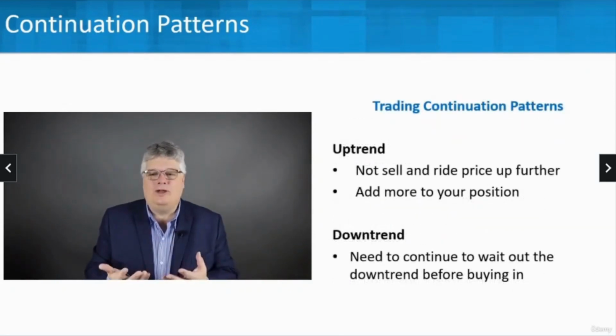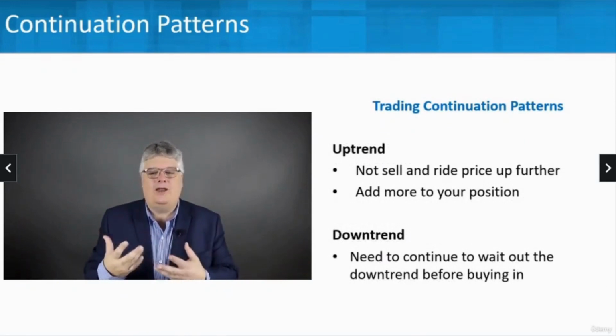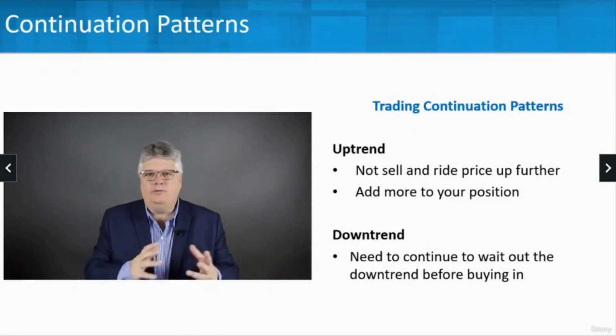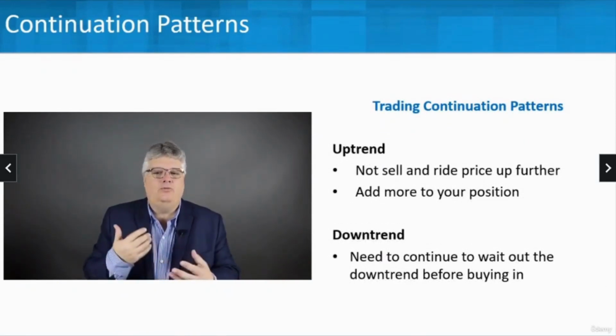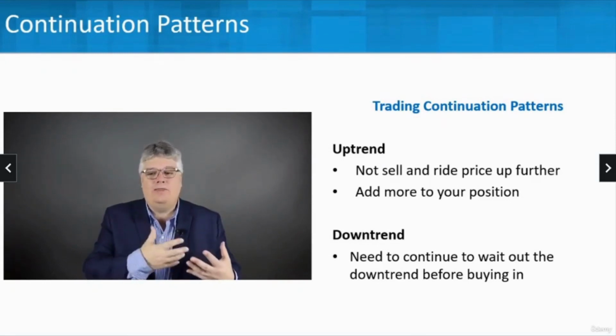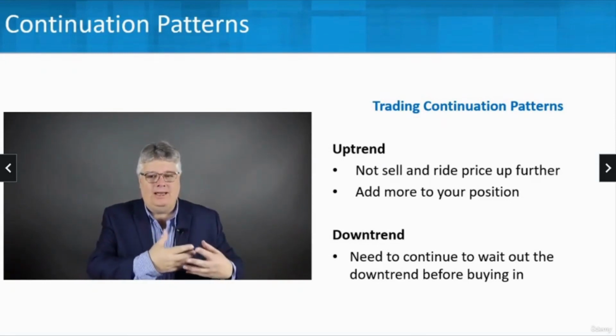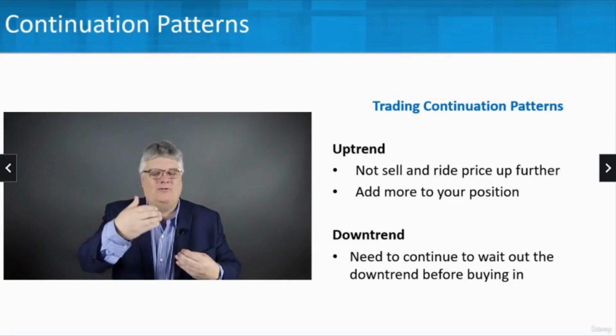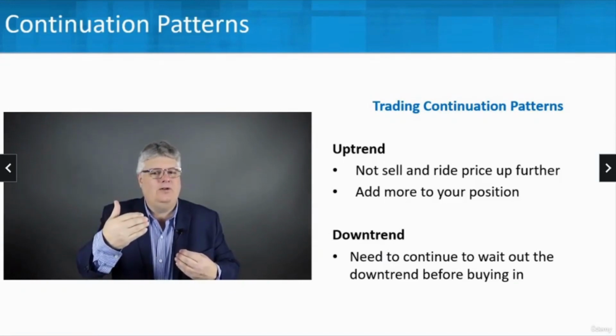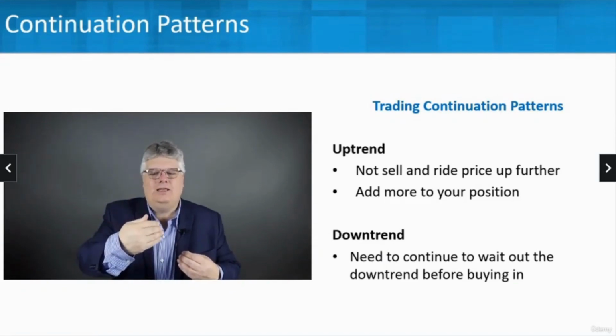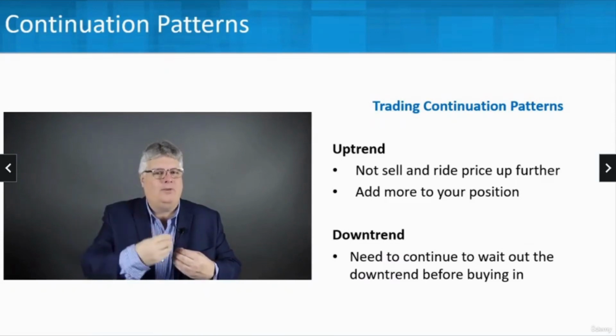So when you're trading continuation patterns, if it's an uptrend, prices are rising, you don't want to sell. You want to ride that price up further. Hopefully you bought in at some point lower, the prices have gone up, so you've made profit. And you're seeing this pattern. You maybe see a pause, but you see a continuation pattern. So the idea is that it's going to keep going up and you'll get even more profits off that initial trade.